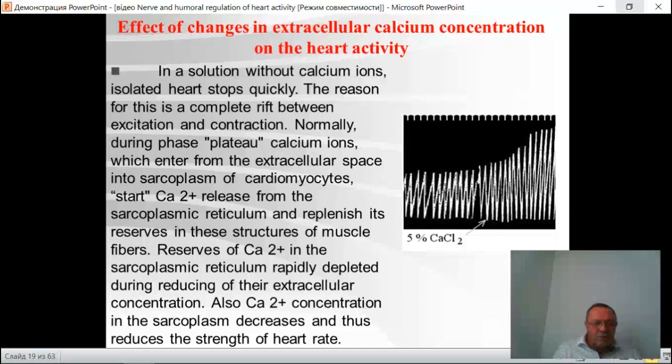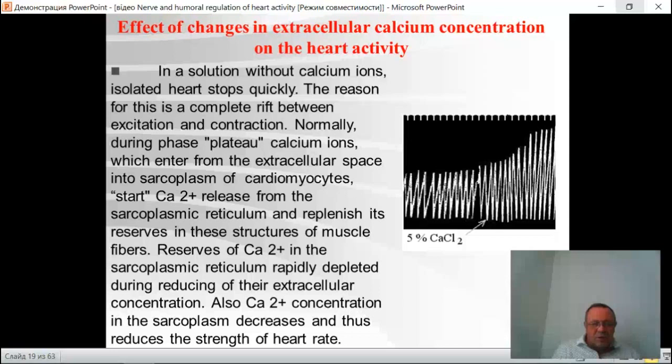Normally, during the plateau phase, calcium ions, which enter from the extracellular space into the sarcoplasm of cardiomyocytes, start calcium ion release from the sarcoplasmic reticulum and replenish its reserve in this structure of muscle fibers.